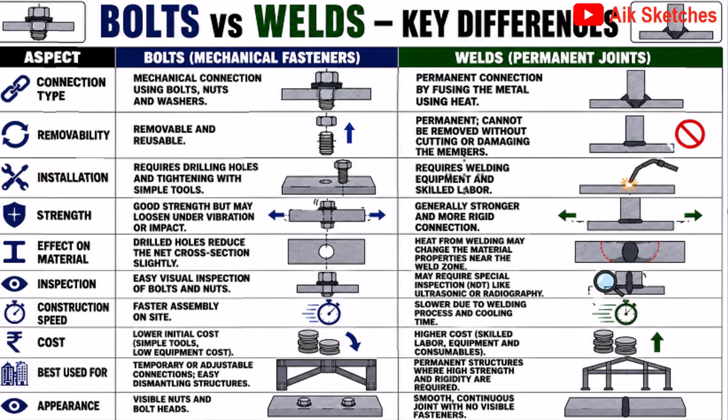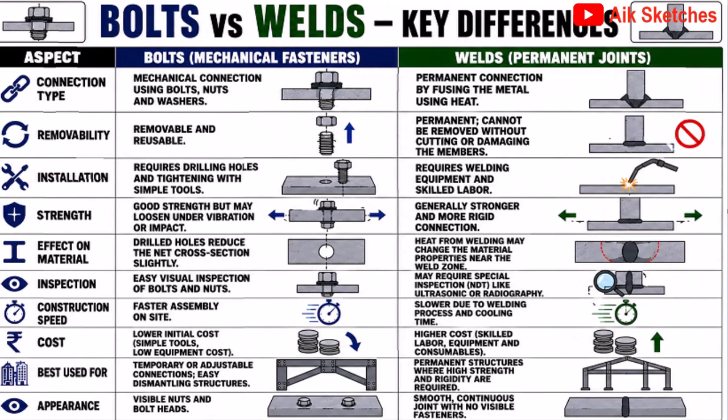Okay, let's go to the last one, which is the appearance. If you use bolts for a particular connection, there are visible nuts and bolt heads. You see visibly the nuts and bolt heads that are used for the connection.